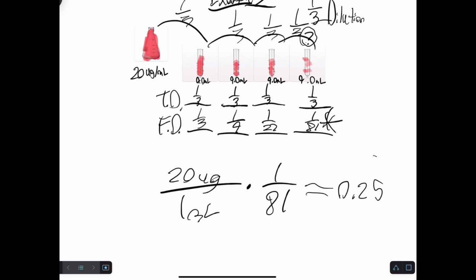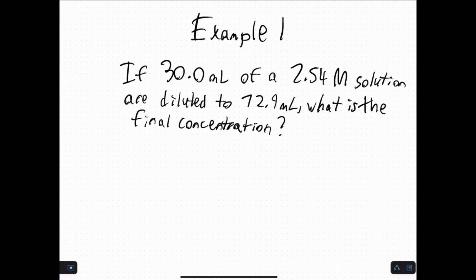That is our rounded value. If we put this in scientific notation, it's 2.45 times 10 to the negative first. That would be the concentration of this.